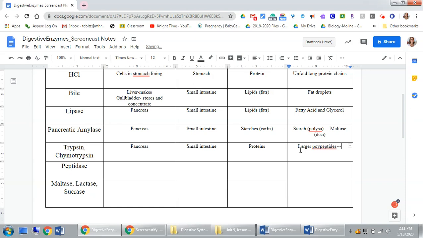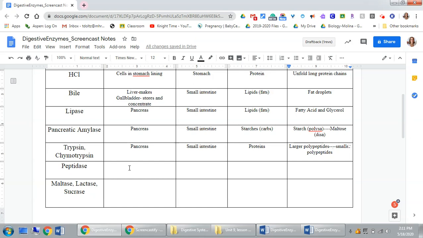So we're going to take our larger polypeptides, and we're going to break them down into smaller polypeptides. Right, but again, we are not done with them. We have to keep breaking them down until we get them down to the most basic unit of a protein.